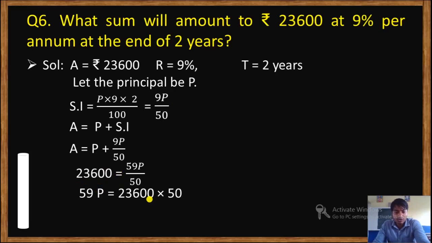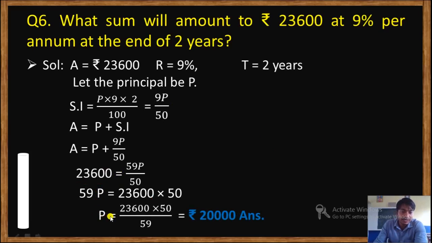Now what you have to do, you have to find principal, okay. So principal write as it is, then equal to, then write this term 23,600 into 50 divided by coefficient of p. What is the coefficient of p here? 59. So 59 will be in denominator place. Now reduce the term.